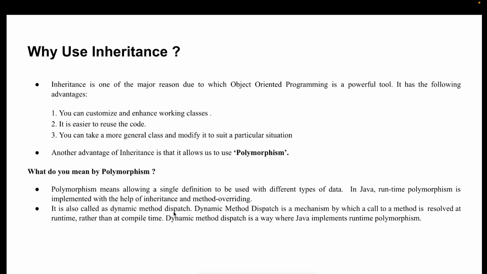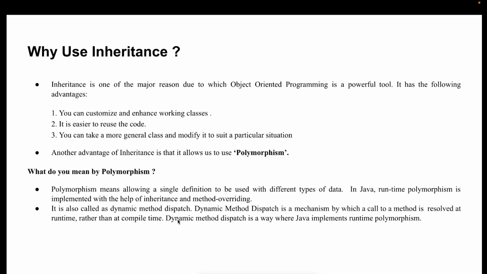See, polymorphism means allowing a single definition to be used with different types of data. In Java, runtime polymorphism is implemented with the help of inheritance and method overriding. It is also called dynamic method dispatch, a mechanism by which a call to a method is resolved at runtime rather than at compile time.